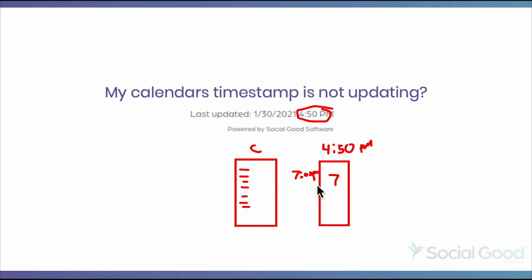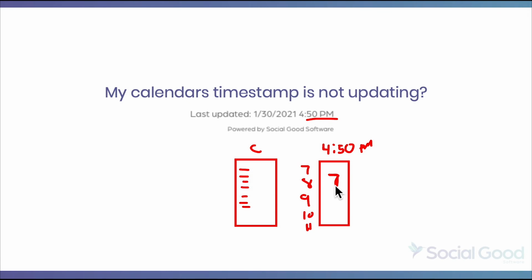Because nothing has changed, if it's 7 p.m., 8 p.m., 9 p.m., 10 p.m., 11 p.m., the calendar will always show 4:50 p.m. as the last updated because Altru still only has 7 identical items. Nothing has changed.